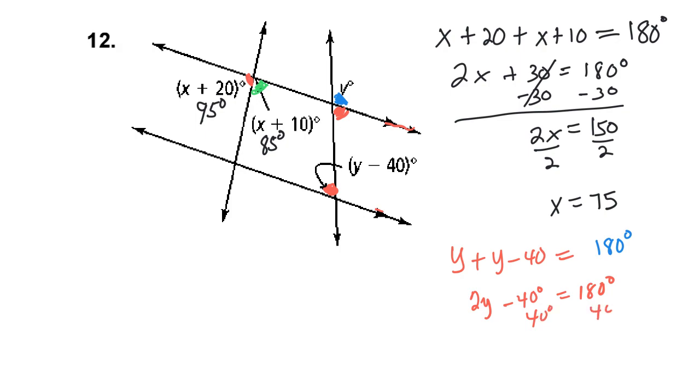You add 40 to both sides. 180 plus 40 gives you 220. So 2y equals 220, divided by 2. So there's 110. So if this is 110, this is 70.